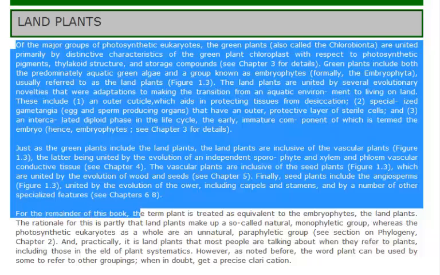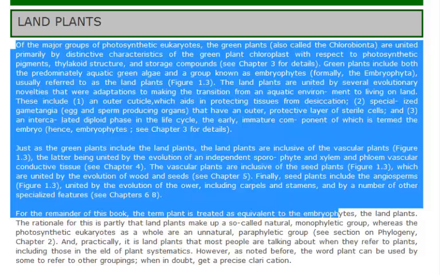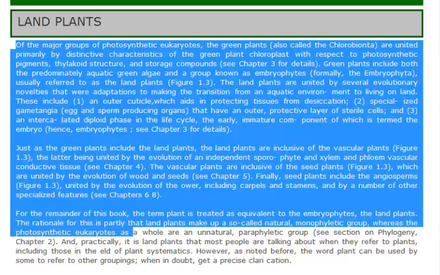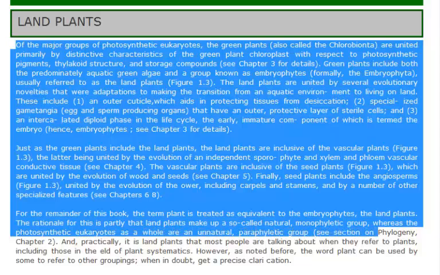For the remainder of this book, the term plant is treated as equivalent to the embryophytes, the land plants. The rationale for this is partly that land plants make up a so-called natural monophyletic group, whereas the photosynthetic eukaryotes as a whole are an unnatural paraphyletic group.